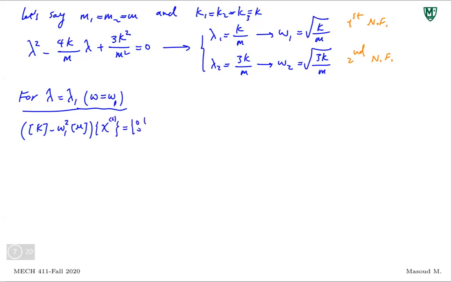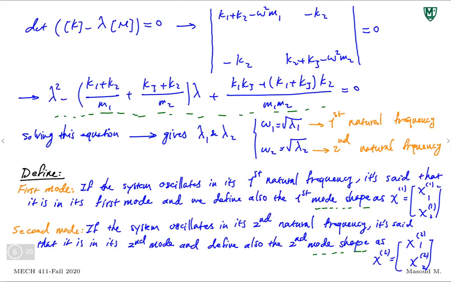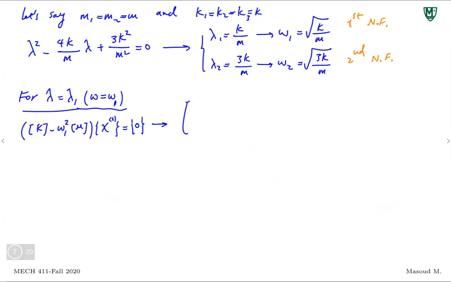I'm writing it in matrix form. If I expand this, the K matrix would be k1 plus k2 is 2k, so 2k minus omega 1 squared M, since m1 and m2 are the same.